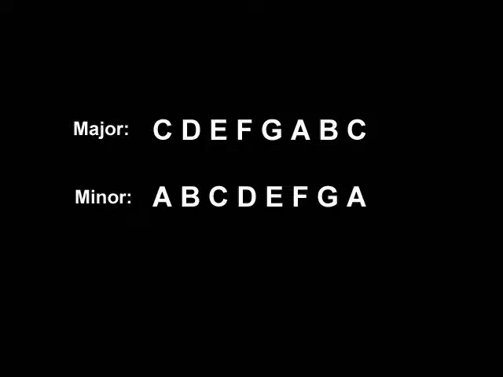In the case of C major, which I've already used as an example, go up to the 6th note. The 6th note in the major scale is A in this case. Well, A is the minor scale. If you look at this little chart here, you take that first whole step, half step from the minor scale, you slap it on the end, and you've got your major scale.